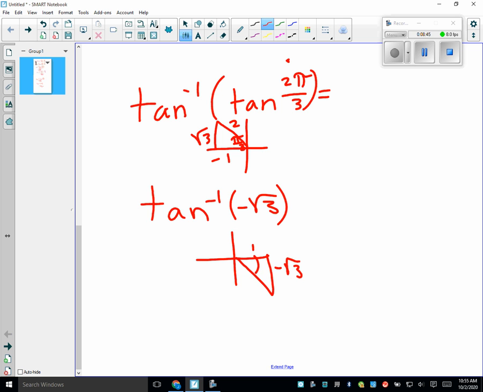Negative pi over 3. Because a negative means I went down, correct? So will your final answer always just be the reference angle with a negative? Not always. Let's do another one of these before we move on.